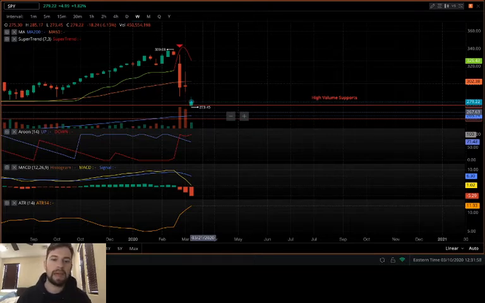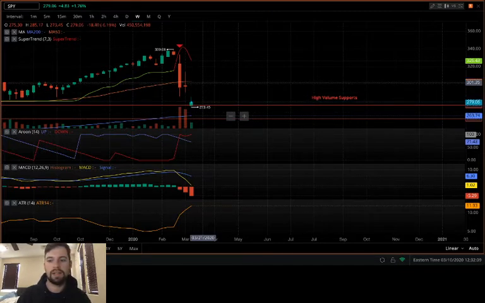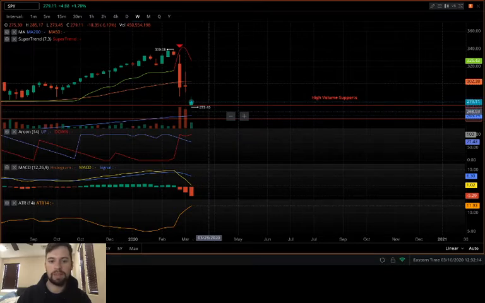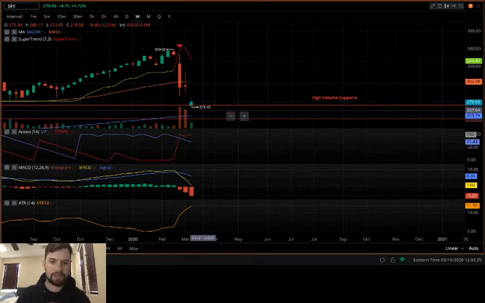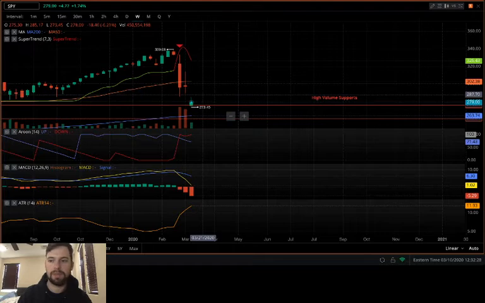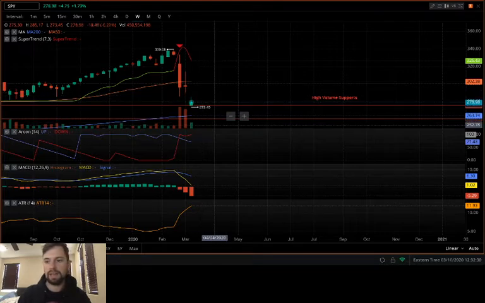So maybe the max reward on there is another $5 decline or something like that, while the max risk is much higher. So maybe a better way to plot your stops is to just look at your risk reward ratio and figure you could only make maybe like $7 more, so you only want to risk maybe a $5 rise or something like that.